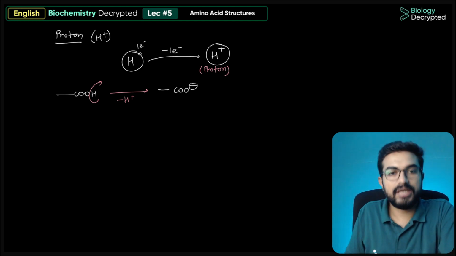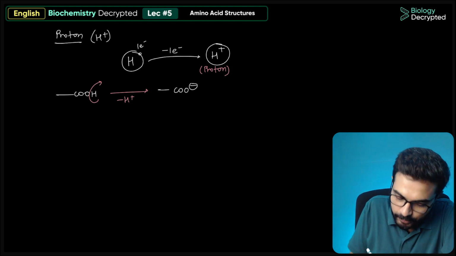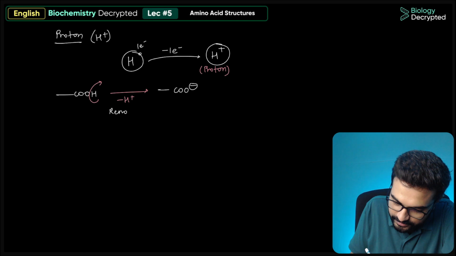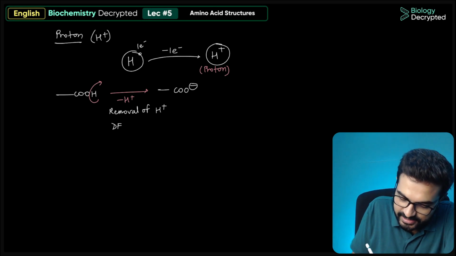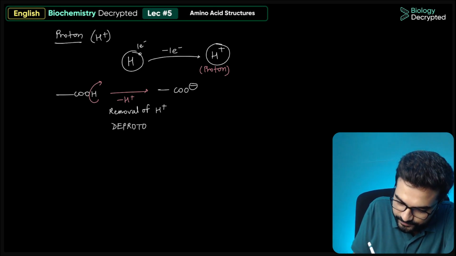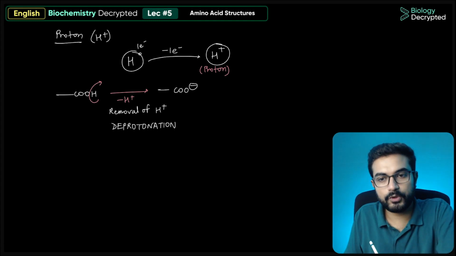This is your carboxylate, and this process of removal of H plus ions is called deprotonation.